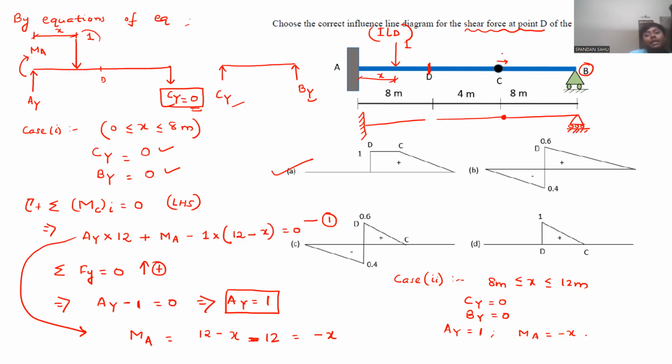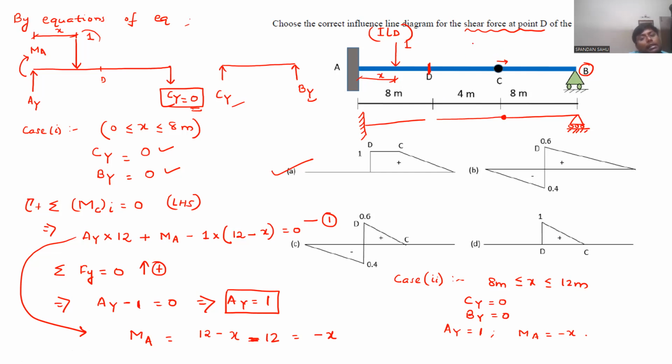Can anyone tell, is this a statically determinate beam or a statically indeterminate beam? Although next week we will start determinacy and indeterminacy and how to find it out. But as per your knowledge, can you say if it is indeterminate or determinate?